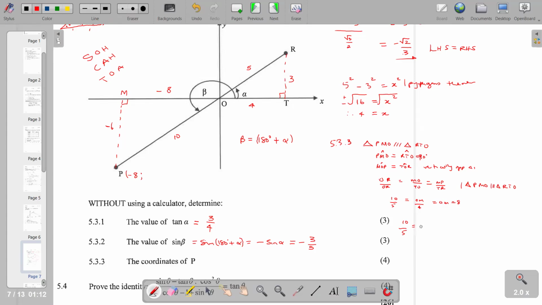So this will be equal to MP, which we do not know, over RT, which is 3. When we simplify there, it means our MP will be equal to 6. Because we are in this quadrant where y is negative, our y is going to be negative 6.